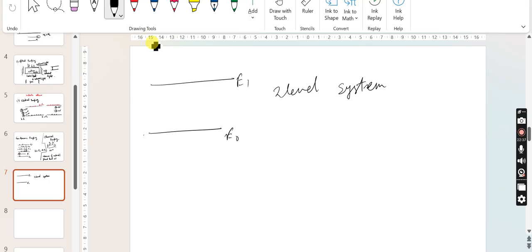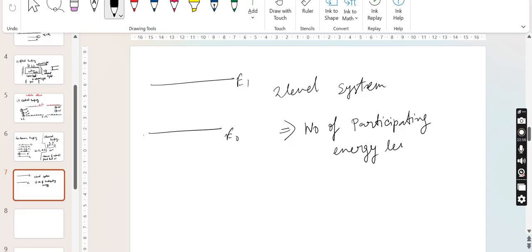So we know the two-level system, three-level system, and so on. In a two-level system the number of participating energy levels is basically 2. When it is called a three-level system, it is 3, and so on.